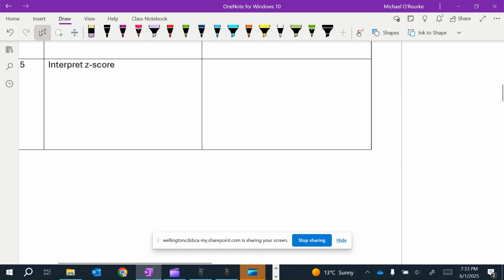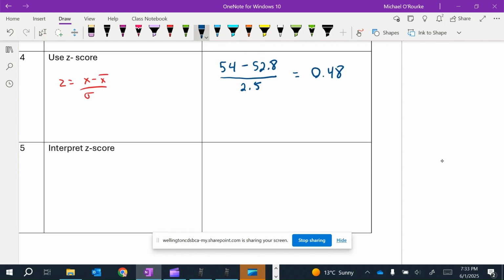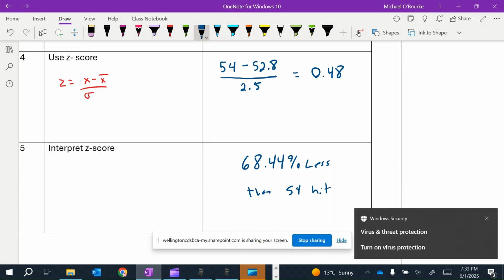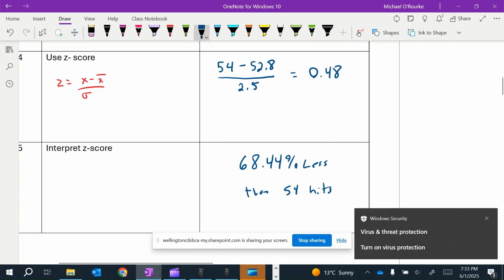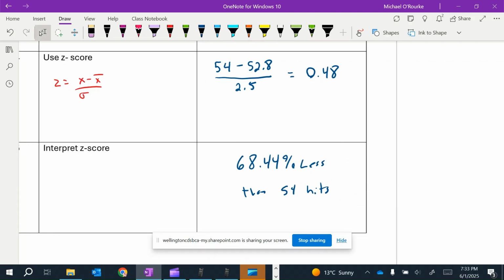So that means there's a 68.44% chance he will hit less than 54 free throws in his next 60 shots.